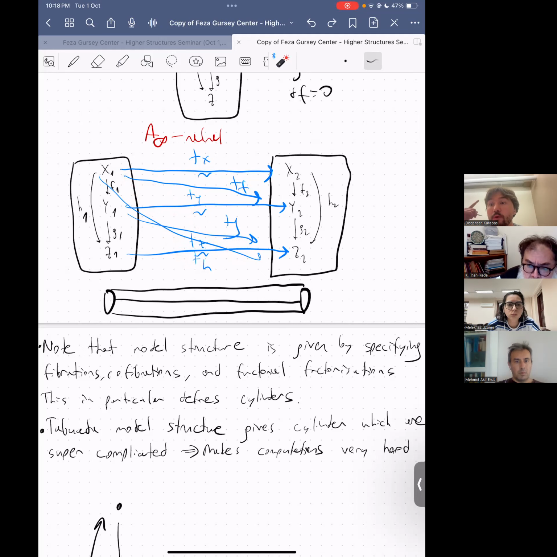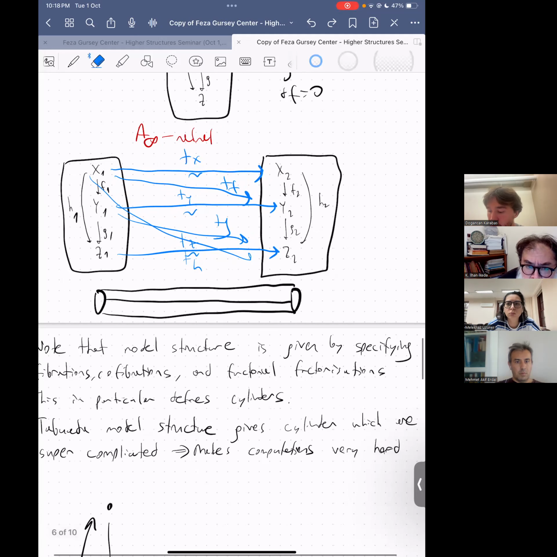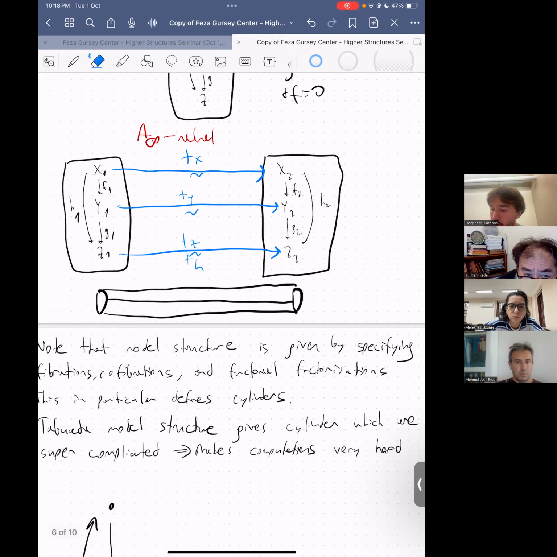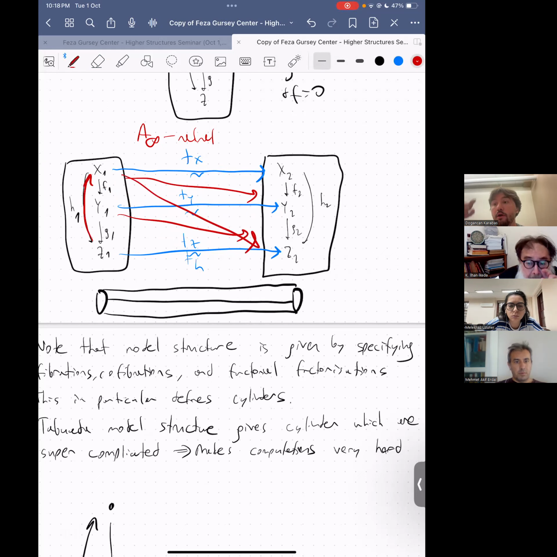For each composable arrow, you add an arrow. A usual natural transformation is strict: there's no arrow you add. But we cannot deal with usual natural transformations. We need an infinite natural transformation, which adds an arrow for each composable morphism. Let's say if H, G and F are composable, you add some arrow for that.